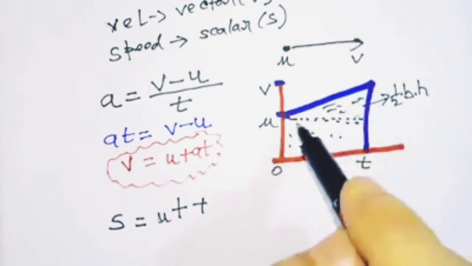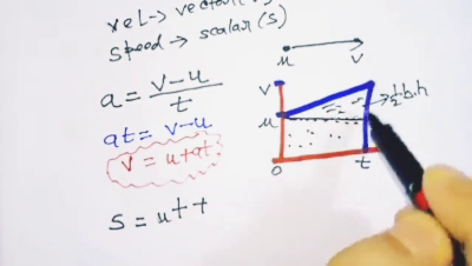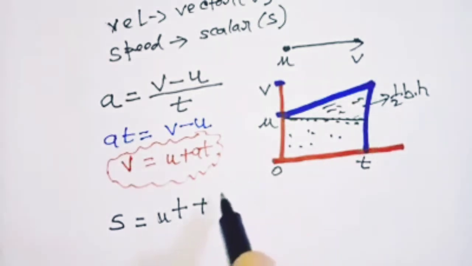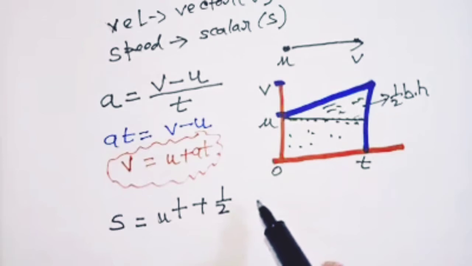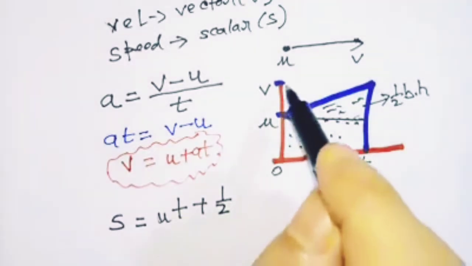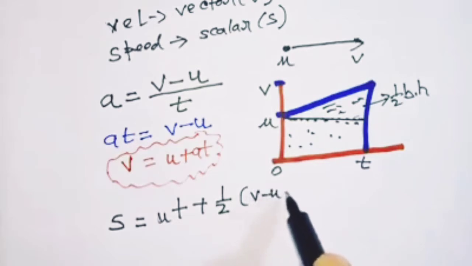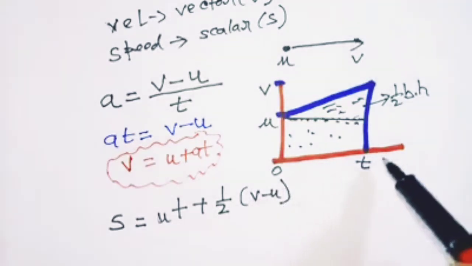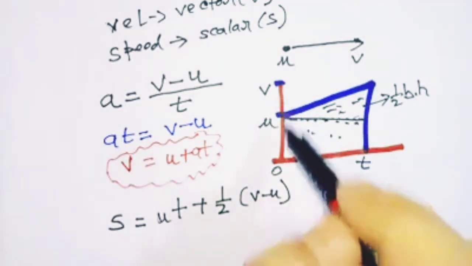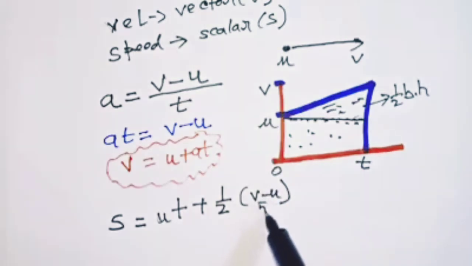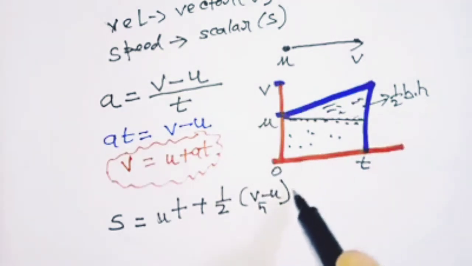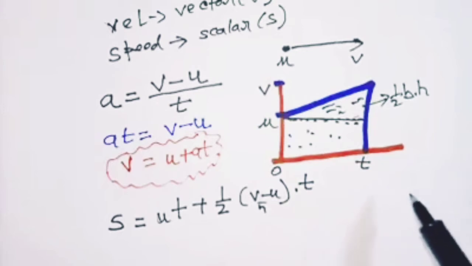This is a triangle, so let me now draw the line. You will understand this is a triangle. So it would be half of base, which is V minus U, half base multiplied by height. What is the height? V minus U is the height. And what is the base? This is the t. T is the base, right?